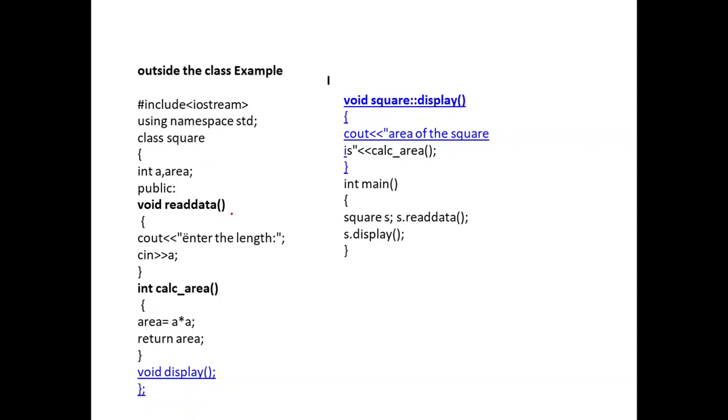In the next example, we can see that some of the functions are declared outside the class. In the previous example, we declared read data, calc area as well as display within the class. Here, square is our class name and there is a void read data and calc area, and within the class there is also void display. This is a function name, but this display is not defined here.